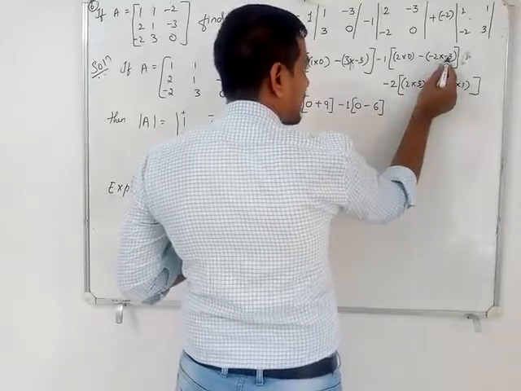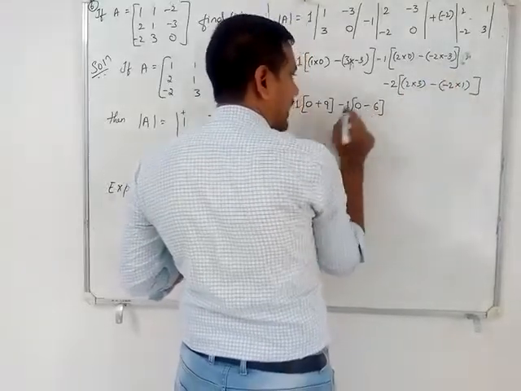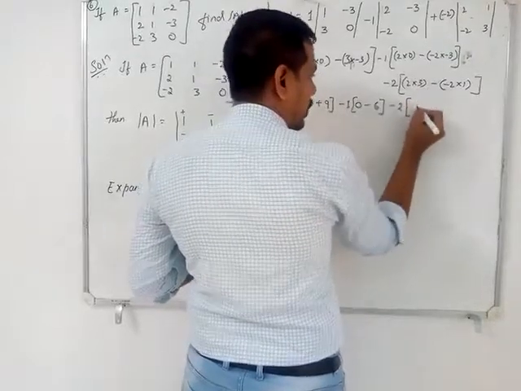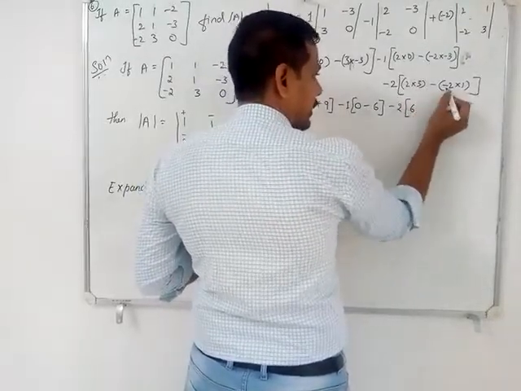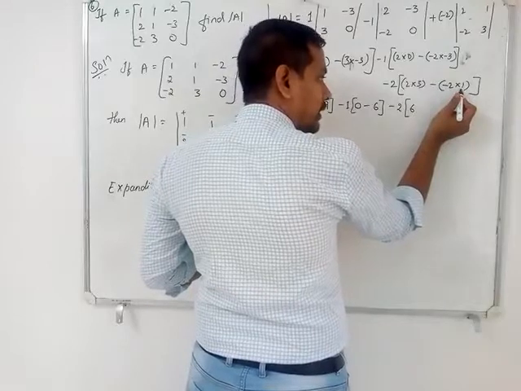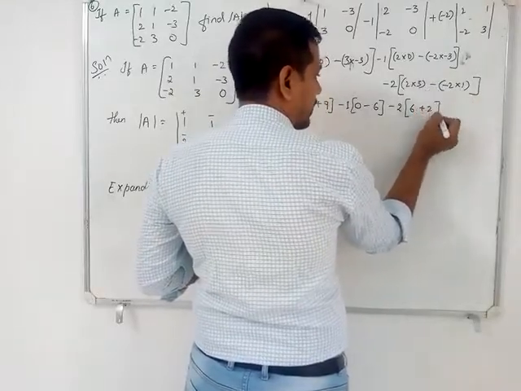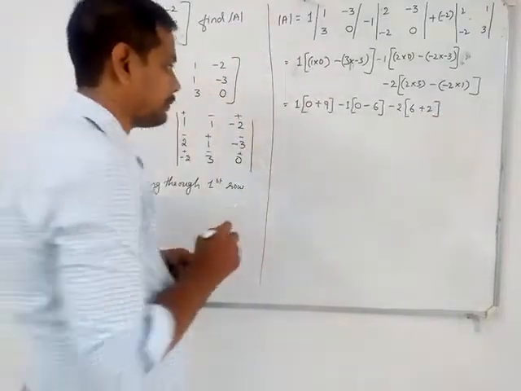Minus into minus becomes plus. Plus into minus, once again minus. -2 as it is. 2 into 3 is 6. -2 into 1, that is -2. Minus into minus plus, so plus 2.